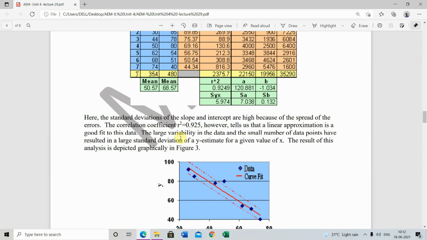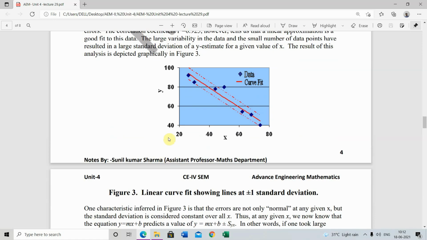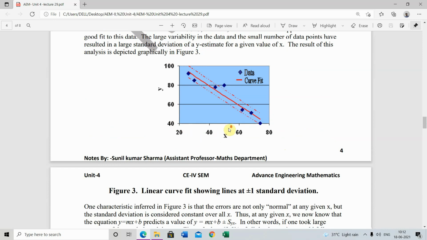The large variability in the data and the small number of data points have resulted in a large standard deviation of the y estimate for a given value of x. The result of this analysis is depicted graphically. Here, values of x are 20, 40, 60, 80 and values of y are 40, 60, 80 and 100 given here. We get a straight line.